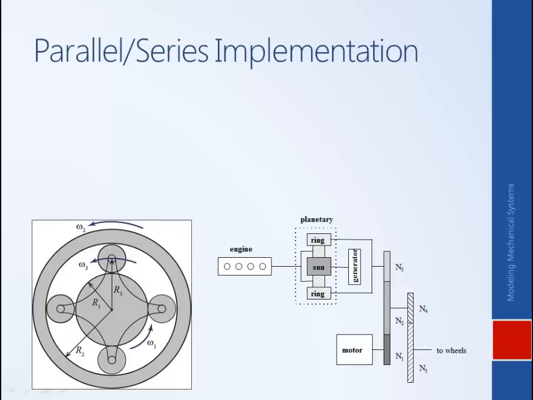By including both with this extra power plant, you get the advantages of a parallel architecture and a series architecture. You get 2 degrees of freedom as opposed to just the 1 degree of freedom that the individual architectures offer you. In essence, you can operate the engine and the motor independent of one another and independent of what is being requested at the wheels.